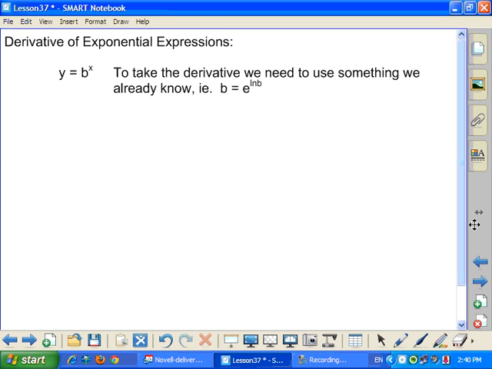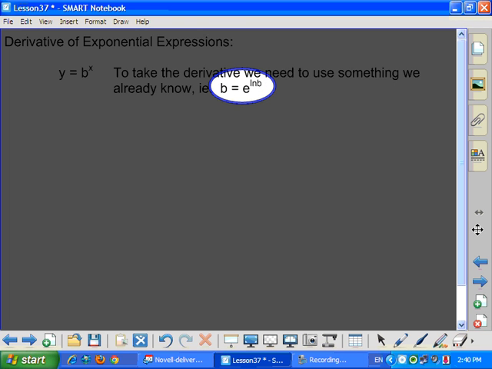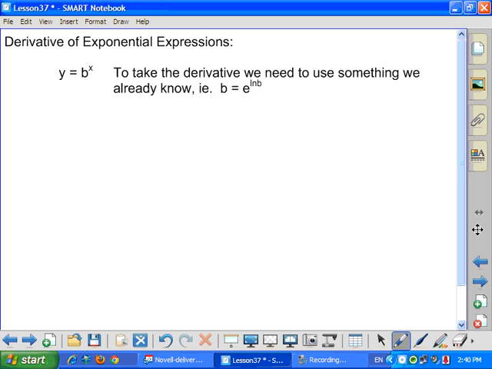To take that derivative, we're going to do a little bit of math sleight of hand. We're going to rewrite our base b as e to the ln b. The e and ln are inverse operations, so they undo each other and you'd be left with b. All we're doing is rewriting b using terminology that we already know.